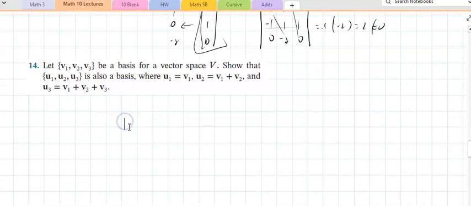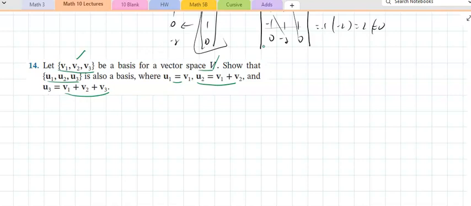Now, say V1, V2, V3 are 3 vectors that form a basis for a vector space V. Show that U1, U2, U3 is also a basis, where U1 equals V1, U sub 2 equals V sub 1 plus V sub 2, and U sub 3 equals V1 plus V2 plus V3. So this forms a basis for this vector space. Show that any linear combination of those will form a basis as well, and it'll work out to be identical.